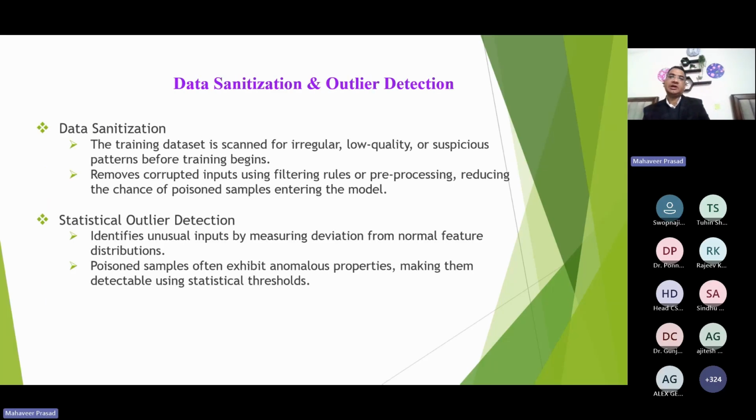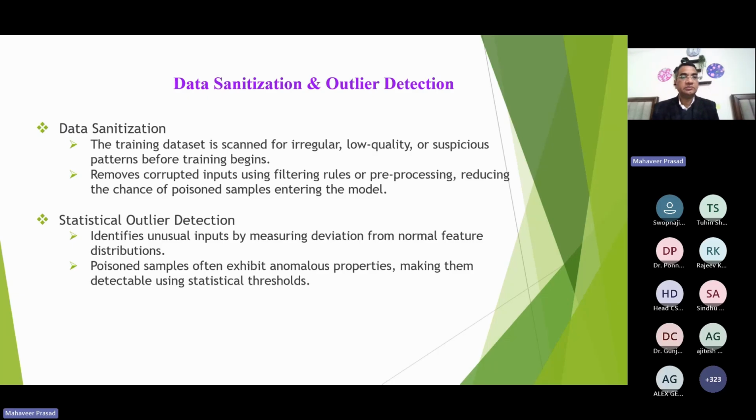Let me outline these a little bit in detail. In data sanitization, the training data set is scanned for irregular, low quality or suspicious patterns before training begins. It removes corrupted input using filtering rules or pre-processing, reducing the chance of poison samples entering the model.